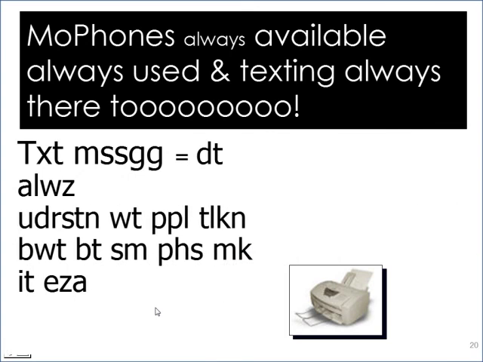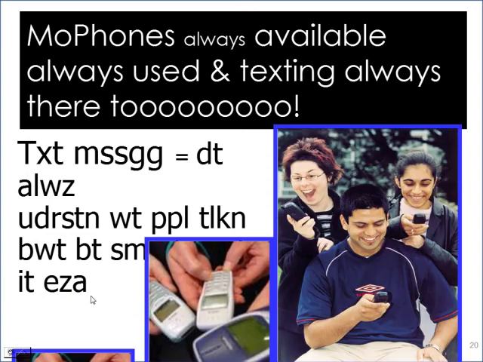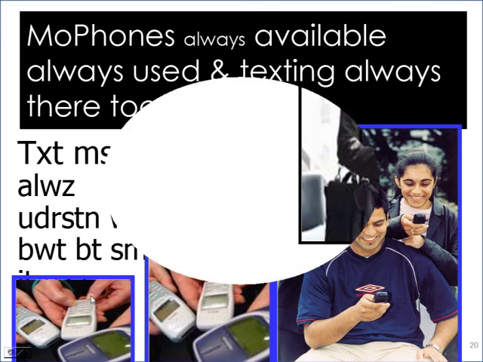Mobile phones are always available, always used, and texting is always there too. Trouble with text messaging is you don't always understand what people are talking about. But some phone messages make it easy. Perhaps.